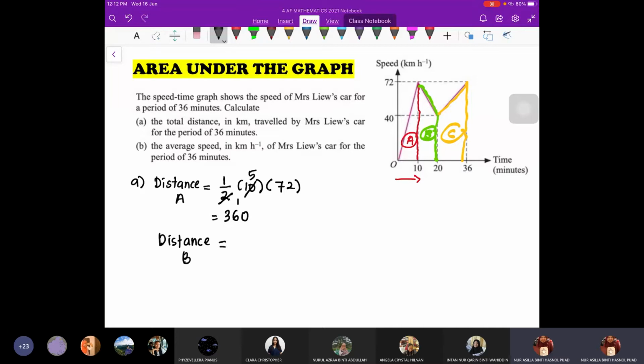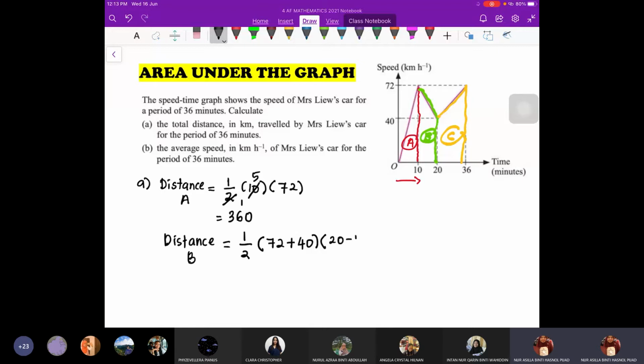Next, distance B. So distance B is a trapezium. So still 1/2 times length of parallel lines. So daripada kita tengok paling tinggi is 72 plus kita tambah lagi satu adalah 40. So height dia should be a 90 degrees perpendicular will be 20 minus 10.